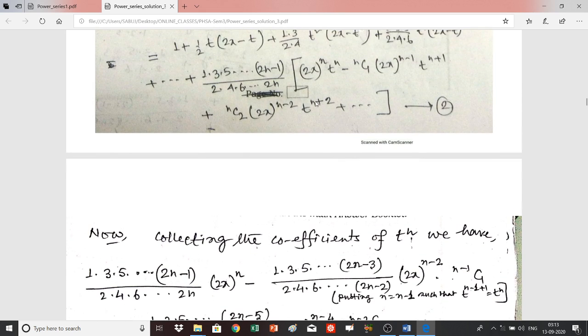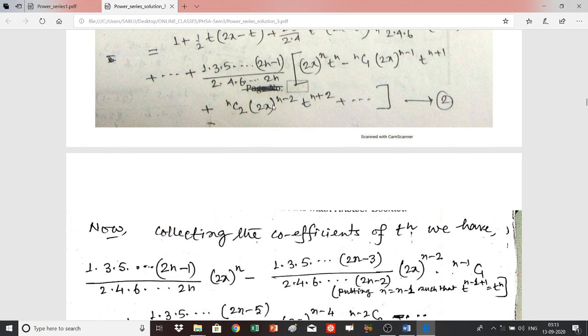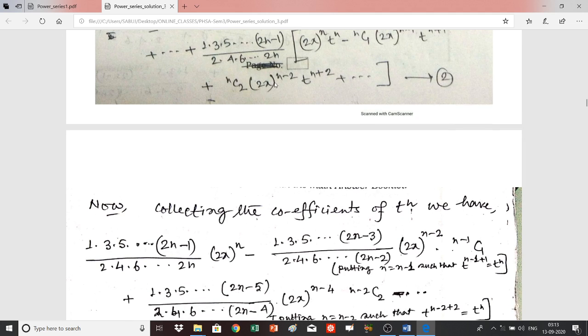And then for the third term, if you wish to collect the coefficient of t to the power n, you have to replace n by n minus 2, and then 2x to the power n should be replaced by n minus 2, so 2x to the power 2n minus 2 minus 2, that will be 2x to the power n minus 4.